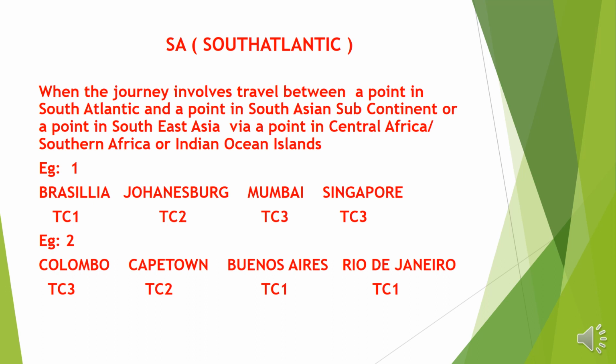And Rio de Janeiro is in South Atlantic, in Brazil. And the journey travels via Cape Town, which is in South Africa, and hence this is termed South Atlantic. And as I've said earlier, it is very important for you to know the sub-areas.